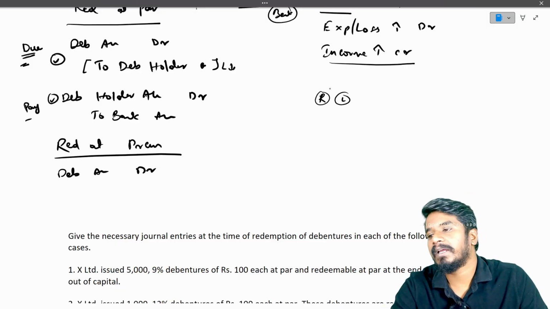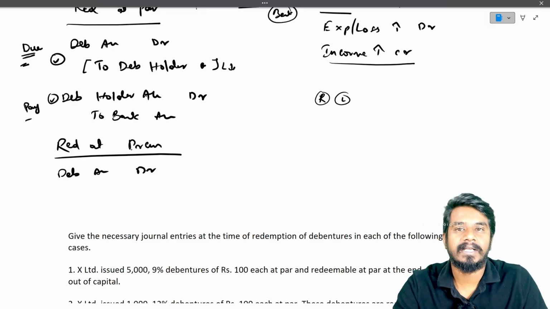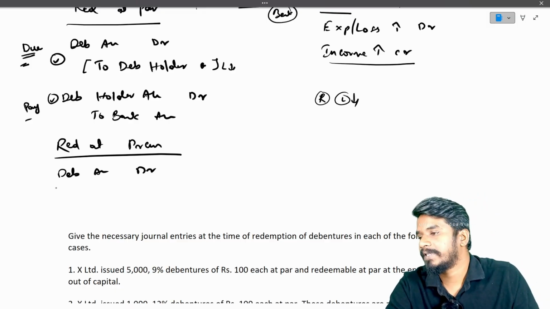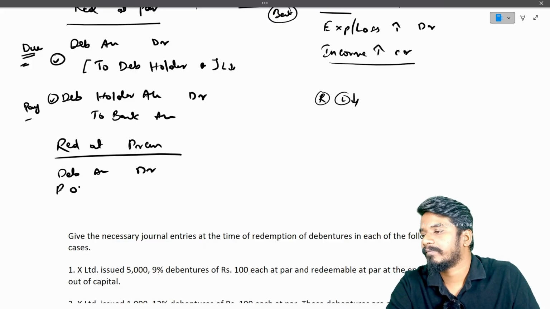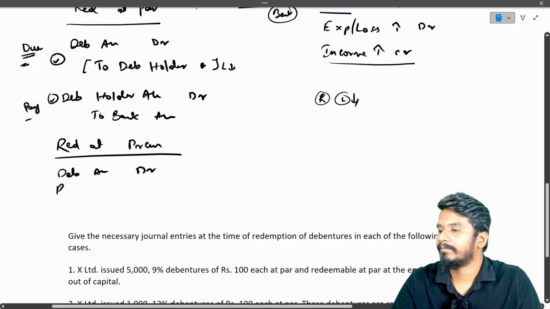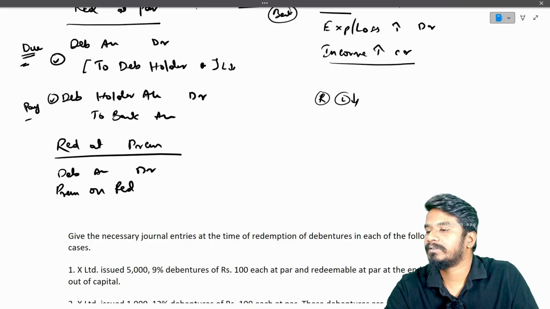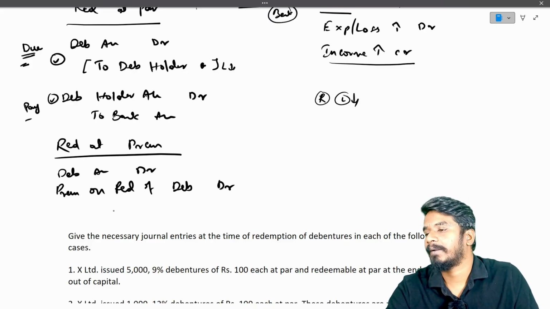Now if we are paying, it will get debited, reversed, as the liability is decreasing. So the premium on redemption of debenture account will get debited.